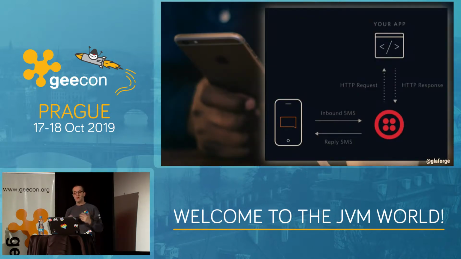Let's take a quick example. There's Twilio, which is a platform for sending and receiving text messages or even calls. What happens is that a user with a phone sends an SMS message to a Twilio number, a phone number, and then you have registered a URL that Twilio will call when a message arrives.